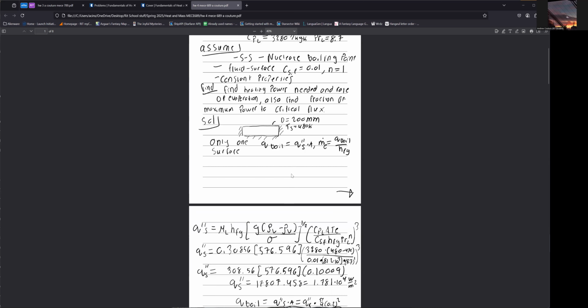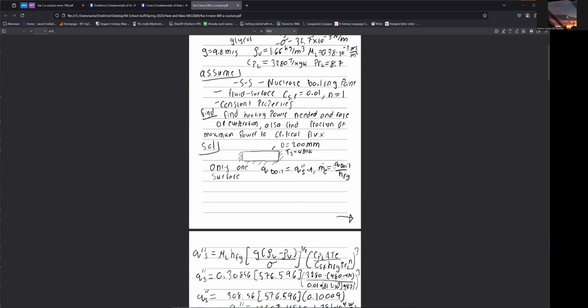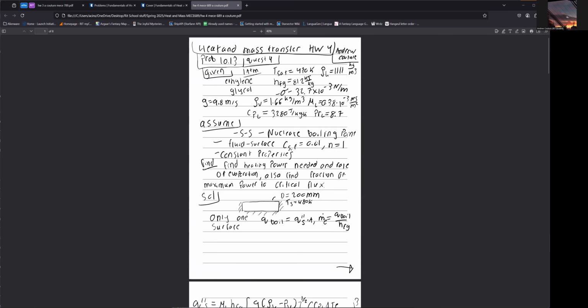So to get the energy required for the boiling, we're looking for q_s double prime, the heat flux of the surface essentially. The energy of boiling is equivalent to the heat flux times the area, and the rate of evaporation is equal to that energy of boiling divided by the heat of fusion.